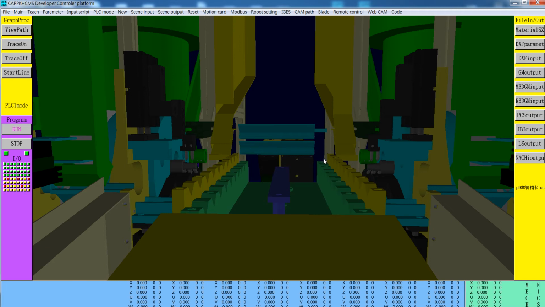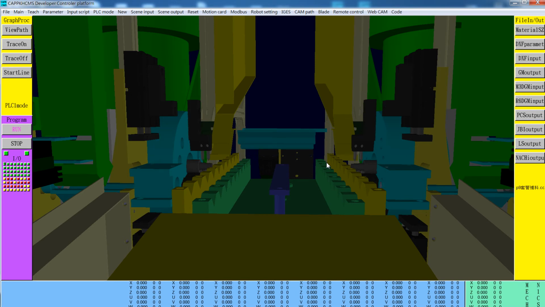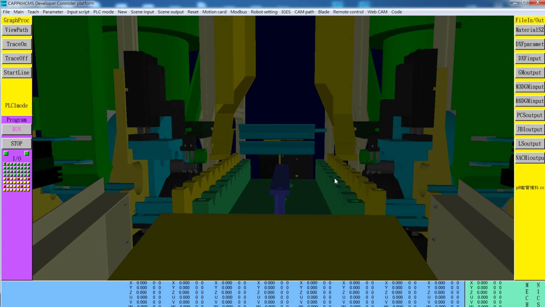For actual machines, we have to release something to take more models out, the better, for better looking and for faster movements.